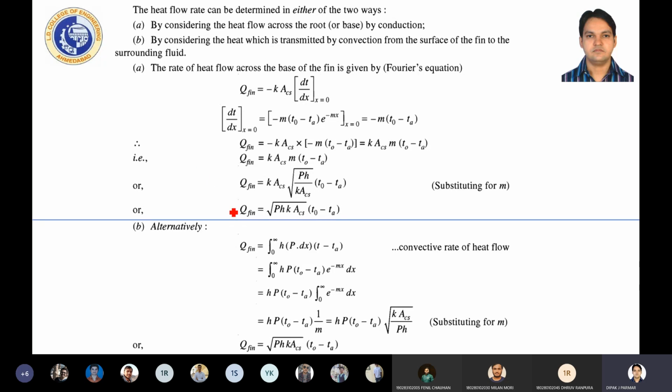The final equation we got for heat transfer from fins, if we consider the conduction method, is the square root of P, the perimeter, h, the convective heat transfer coefficient, k, the conductivity, and A_c, the cross-section area, multiplied by (T_O minus T_A), the base temperature minus the ambient air temperature. And if you go for the convection method, then also we get the same, Q equal to square root of P h k A_c into delta T.